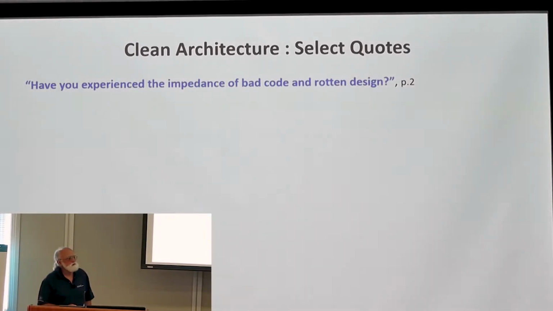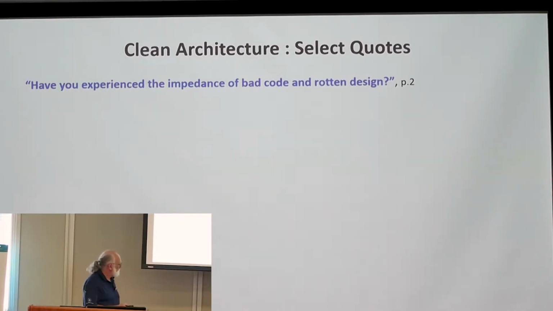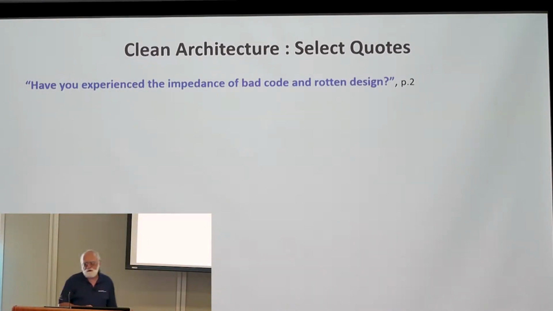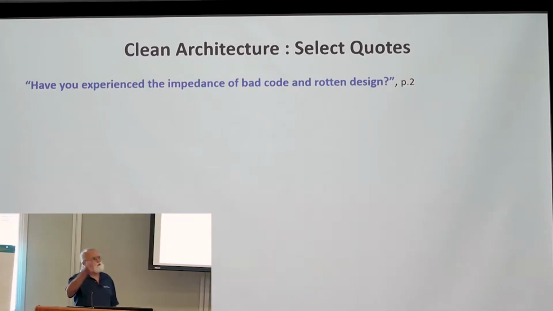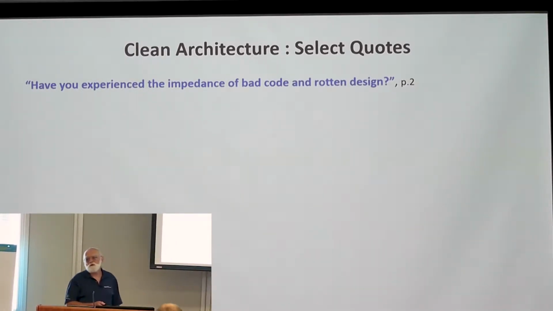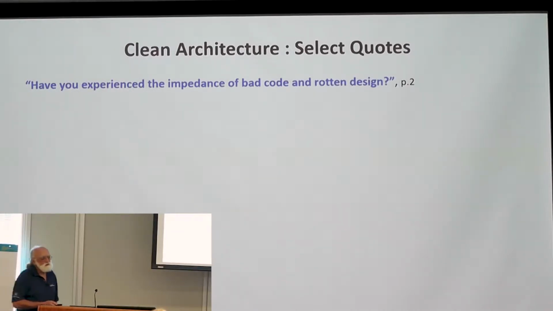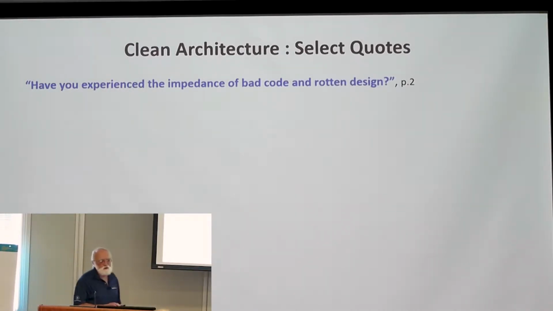Uncle Bob is a very outspoken person, and one of the reasons, if you don't want to learn about clean architecture, is to just skim the quotes you can use in your presentations and design review meetings to justify your position. So the first one: have you experienced the impedance of bad code and rotten design?